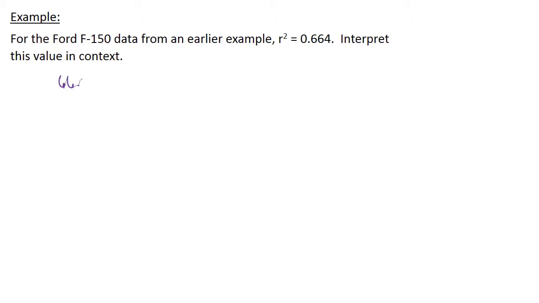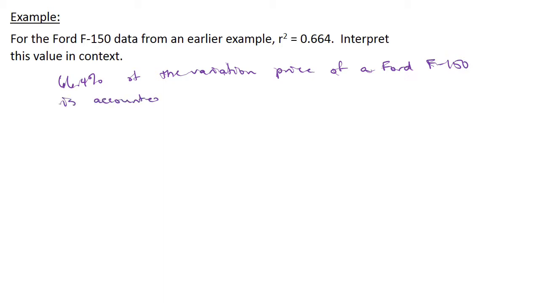We'll say that 66.4% of the variation in price of a Ford F-150 is accounted for by the linear model relating price to miles driven.